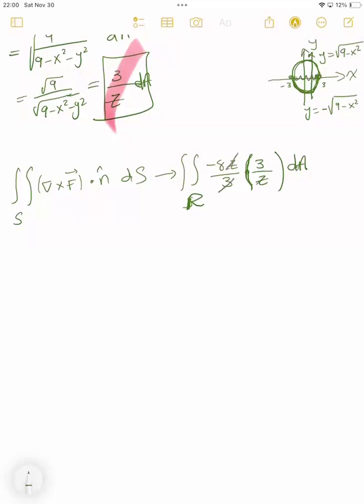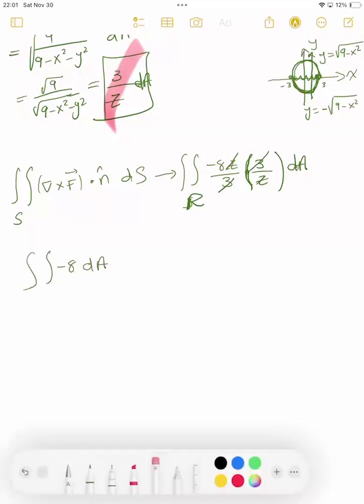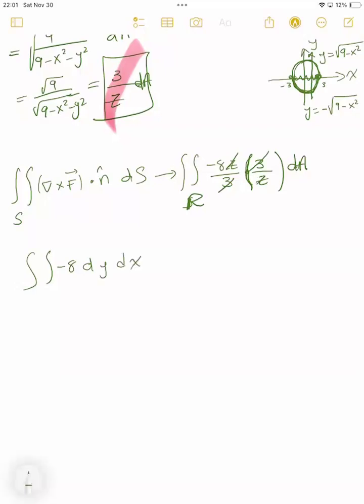But again, these are going to be simplified. I get negative 8 dA. But what is dA? dA is going to be dy dx, and y is going from negative square root of 9 minus x squared to positive square root of 9 minus x to the power 2. And x is going from negative 3 to positive 3.